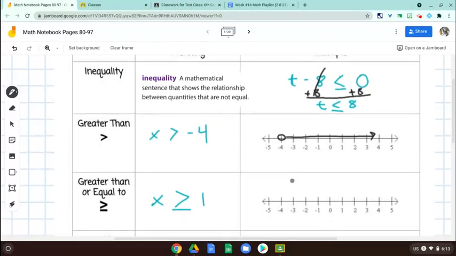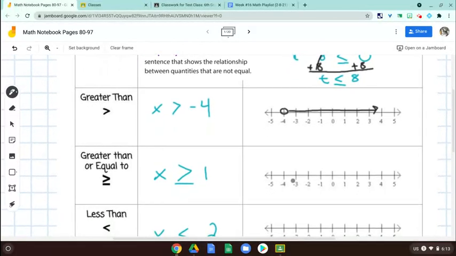Going down to our next example, we have the greater than or equal to symbol. And this is a greater than symbol with half of an equal sign underneath. So in this example, we have x is greater than or equal to 1.